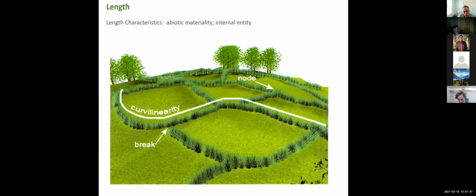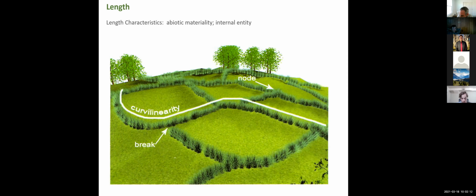So the more nodes you have, the greater the connectivity of the overall network and the more choices that wildlife will have in moving through that network of corridors. And the greater that connectivity, obviously, the more resilient that network is going to be and the greater the movement of animals across that landscape.